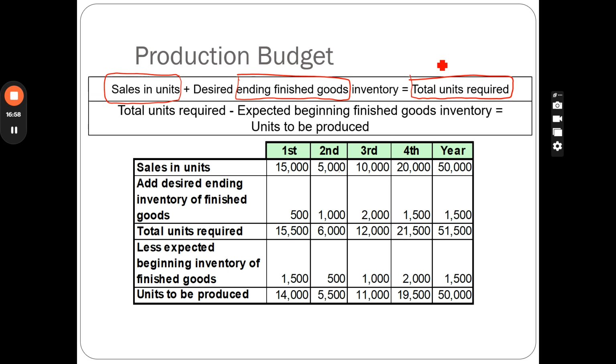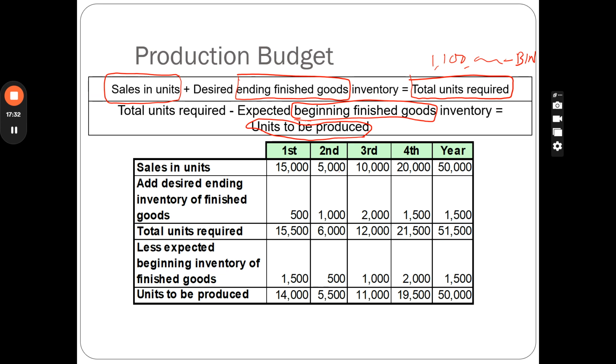In our example, I need 1,100,000 units. So I will go and check how many are there in my store now. This is the beginning finished goods inventory. From this, we will subtract the beginning finished goods inventory. Then we will get how many units need to be produced.